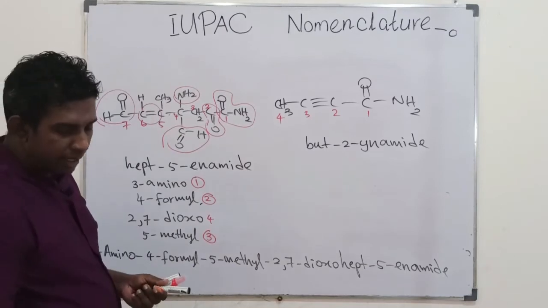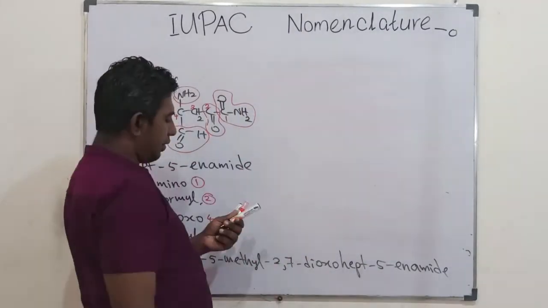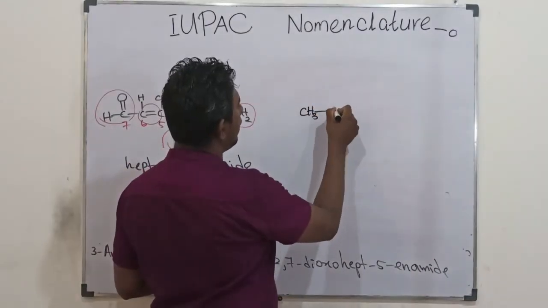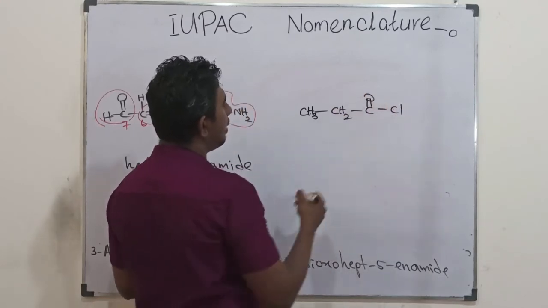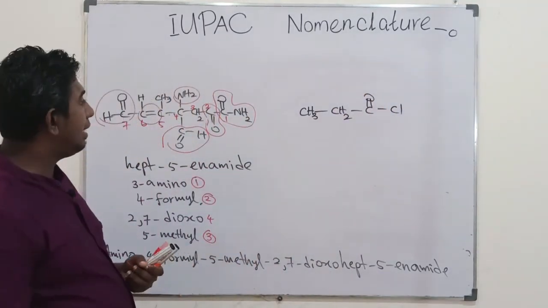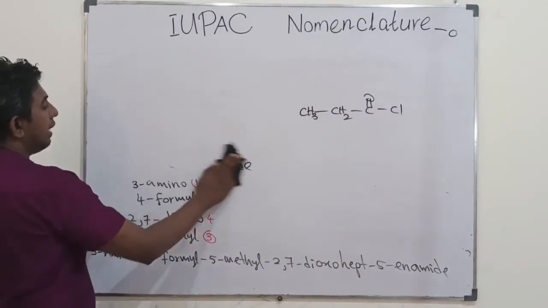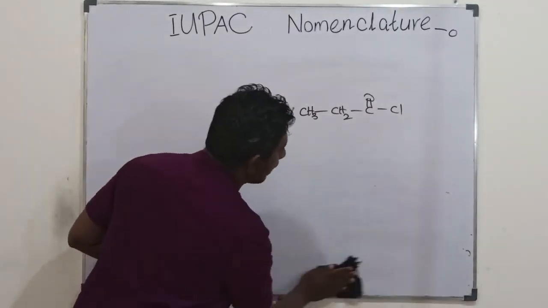Okay. Then let's consider another one. Students, when you have this kind of CH3, CH2, CO, let's say Cl, we call them acid halides. It's actually an acid chloride.